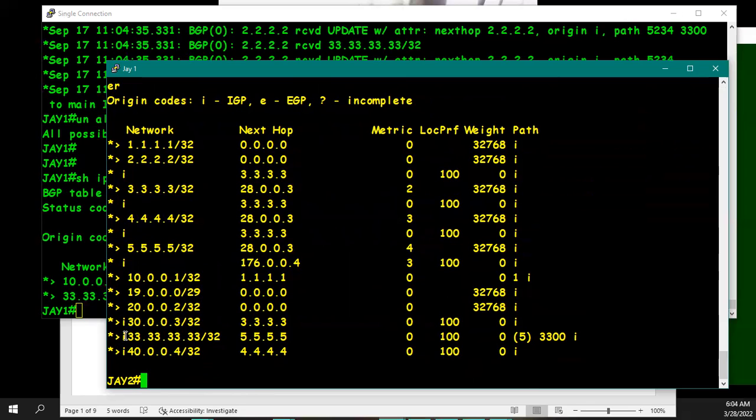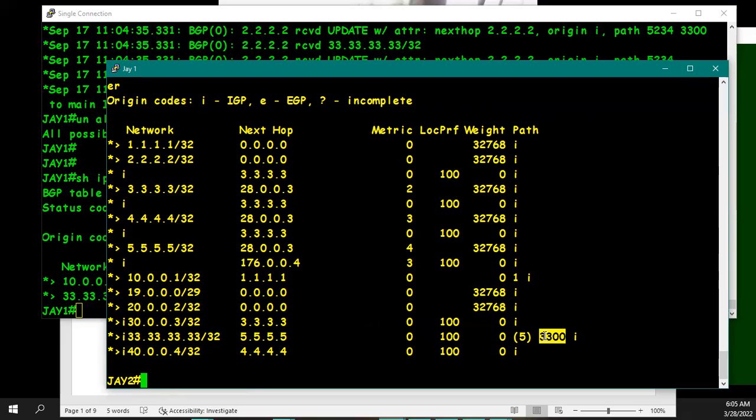We got some identifiers here. We got the I, which represents it learned it from an internal BGP speaker. We got the greater than sign. We know that's the best path. And of course, we got the asterisk that tells us that's a valid path.